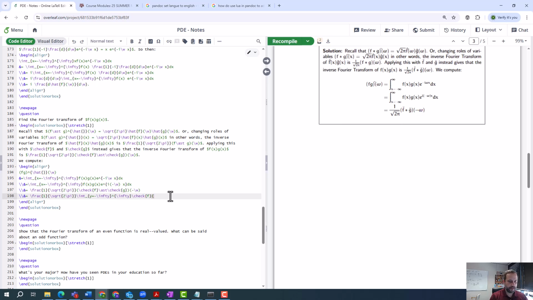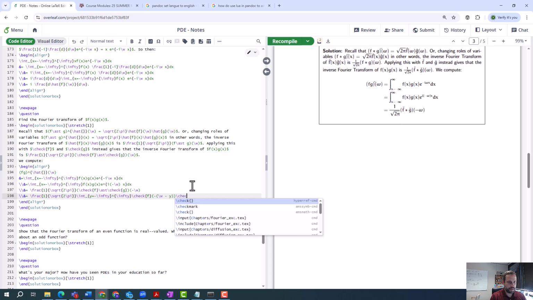So it's going to be f of minus omega minus y. Hold on. I can never remember if it's y minus omega or omega minus y, anyways. And then check g of y dy.